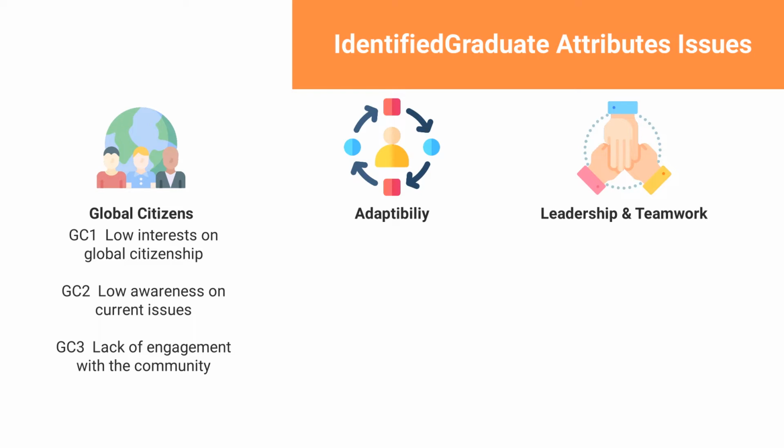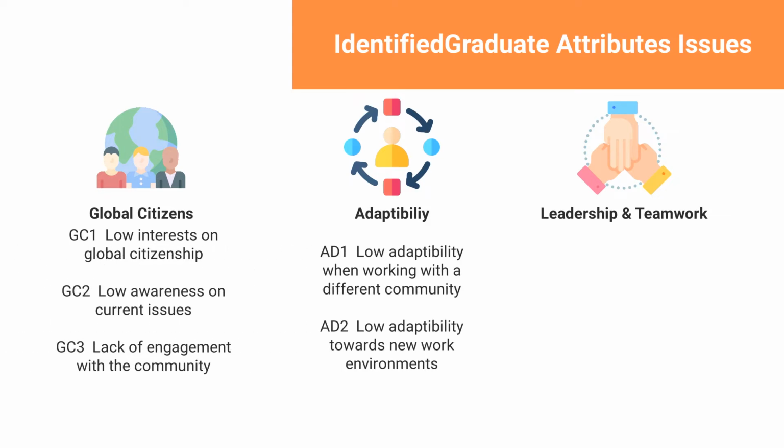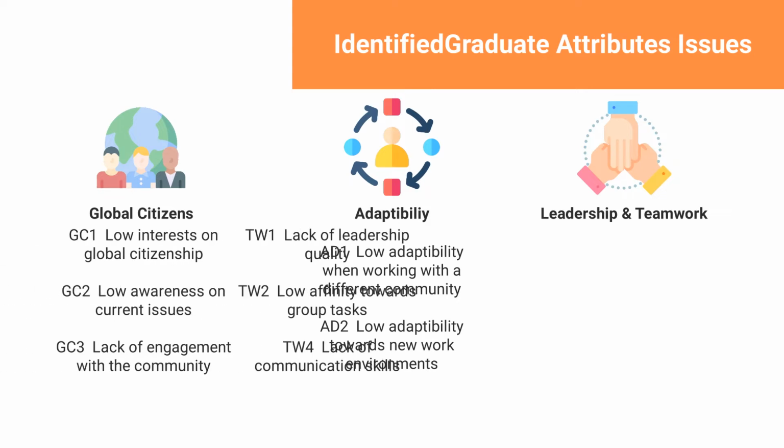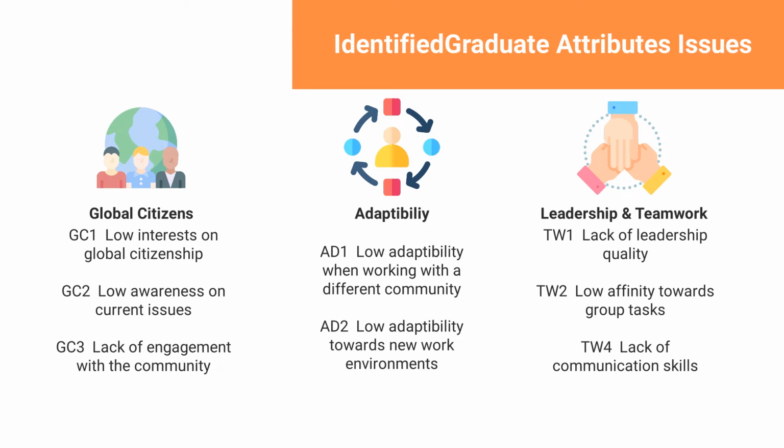So the next one is adaptability. Students have low adaptability when working with a different community, and low adaptability toward a new work environment. And the last one is leadership and team working. Basically, students lack leadership quality when they lead a community in activity.